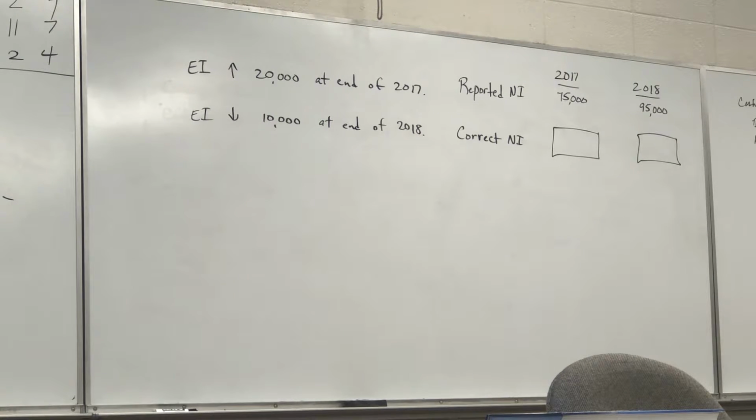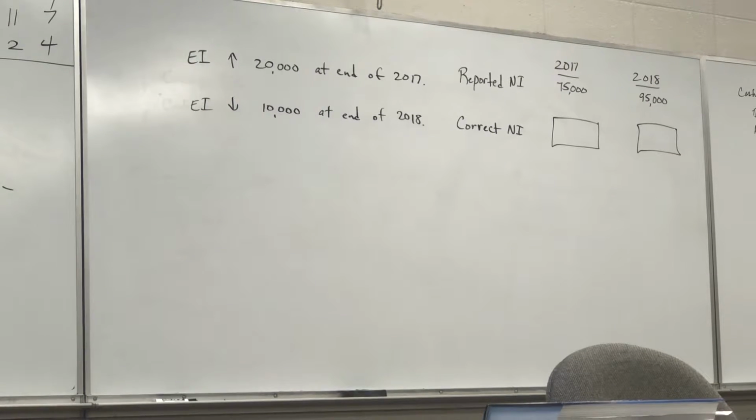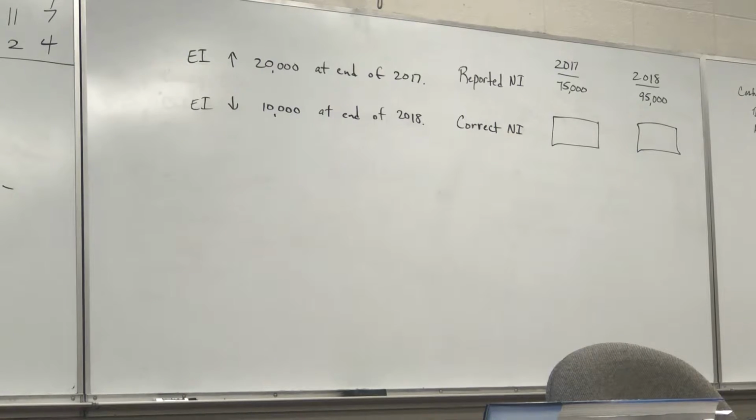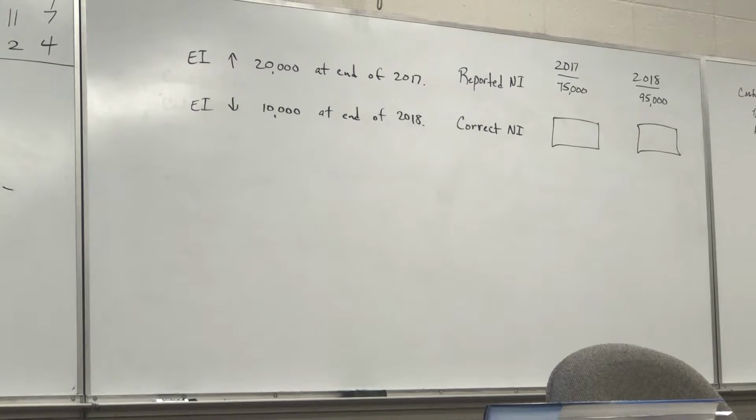So let's just deal with the first little part. If ending inventory is overstated, what effect does that have on net income? It's too high. Well, you're counting inventory as being here that's not here.